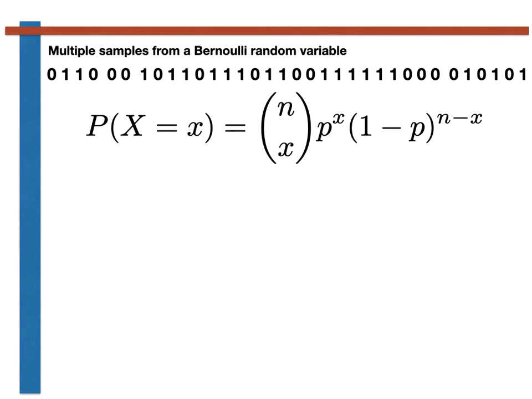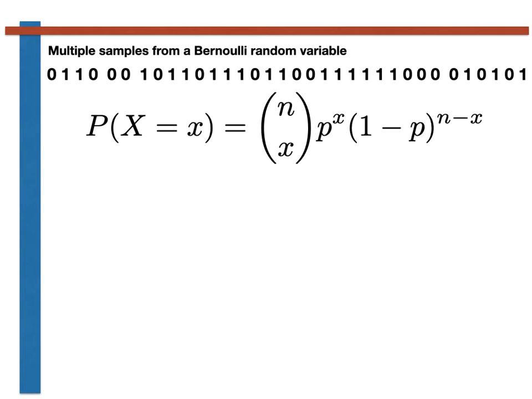So what can we do to find the value of this parameter p given that we have this particular data? Well, let's first note that we know the value of capital X here because we did the experiment.